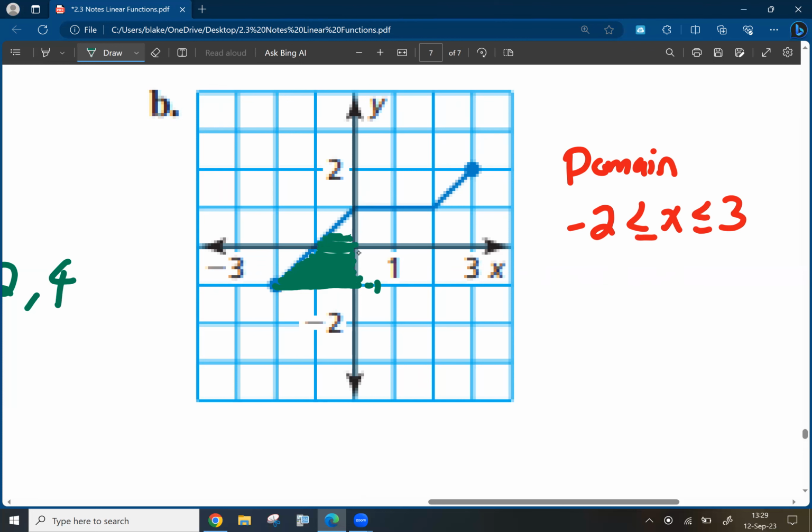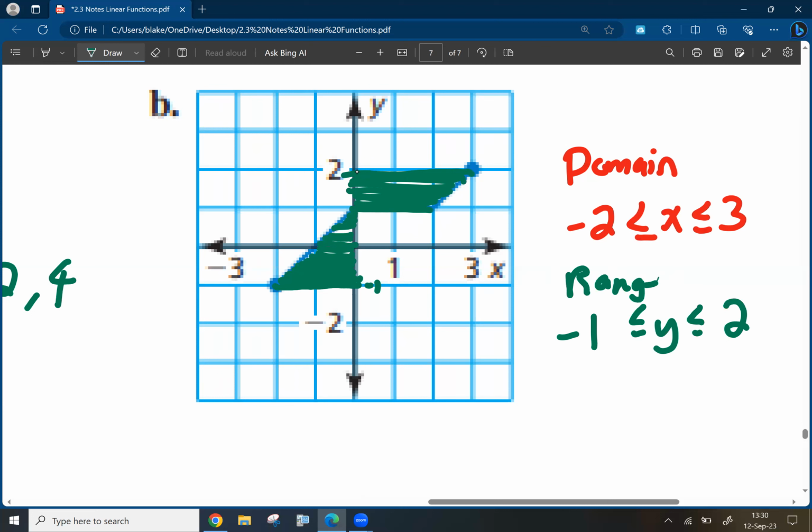This will connect all the way as well. And all this connects, and then this part all connects to the y value. There's always a y point here all the way up until I get there at 2. So there's a point connected to the y-axis from everywhere between -1 to +2. So for my range, it's every y value from -1 all the way to +2.